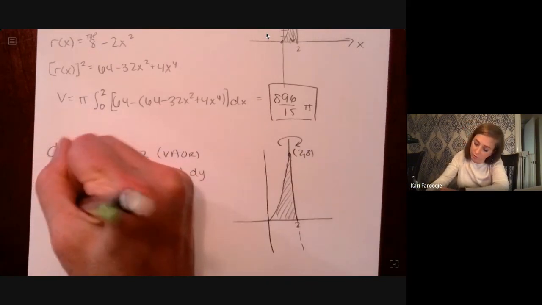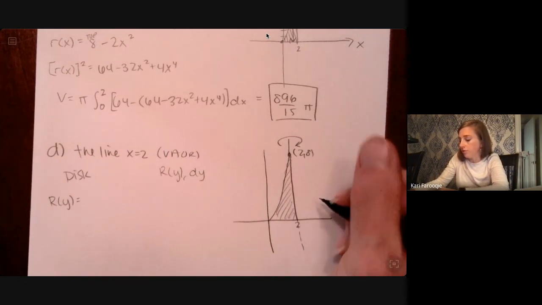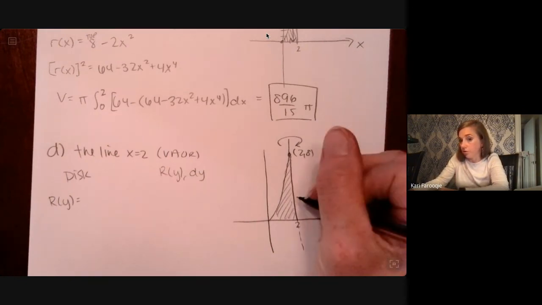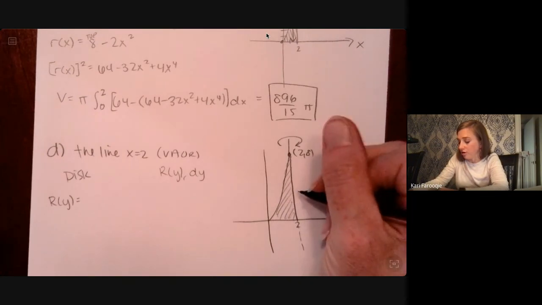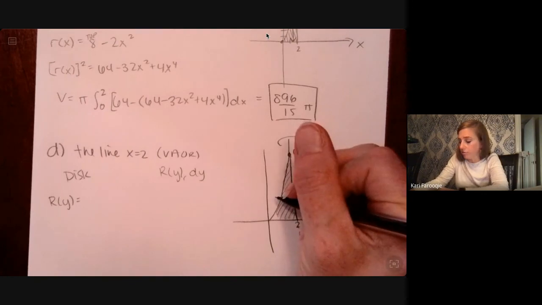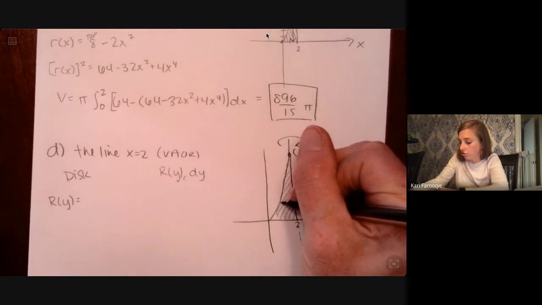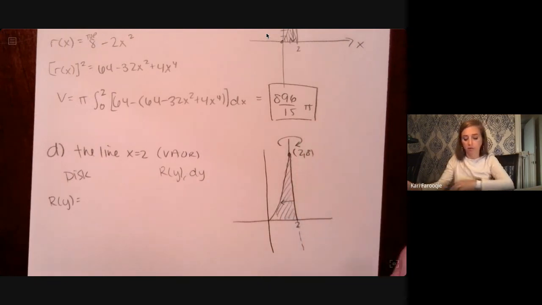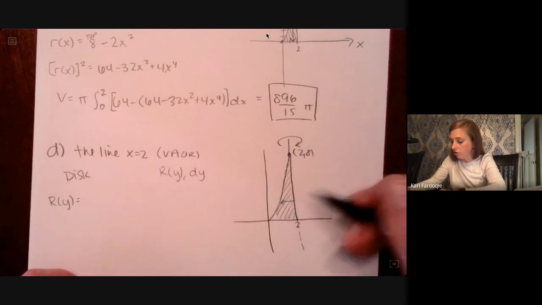Your radius, big R of y, is always going to be, if you're going about the line x equals 2, a vertical axis of revolution, right minus left. So you're going from the axis of revolution to the outer edge of the figure. In this case, we're looking at 2 minus this function.